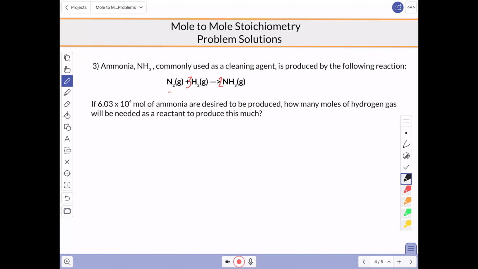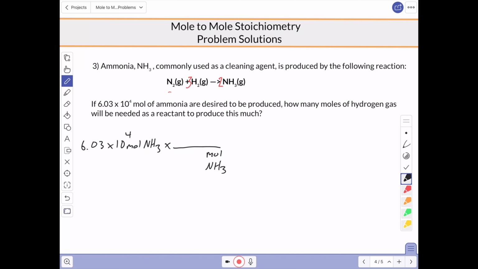So we know that we want to have 6.03 times 10 to the 4 moles of NH3 made. And our goal here is to figure out how much hydrogen we want to be able to make that amount. So we're going to use the mole ratio relationship between hydrogen and ammonia.